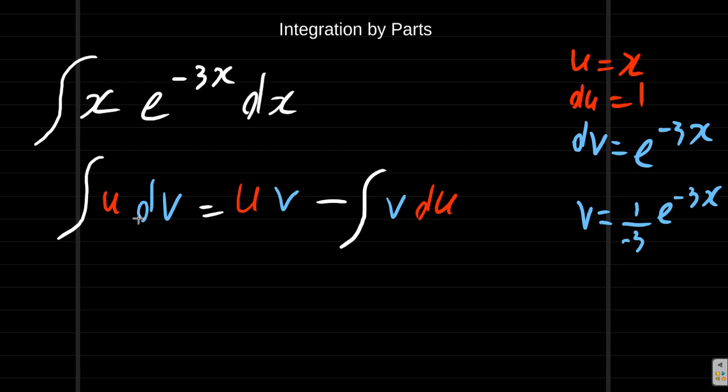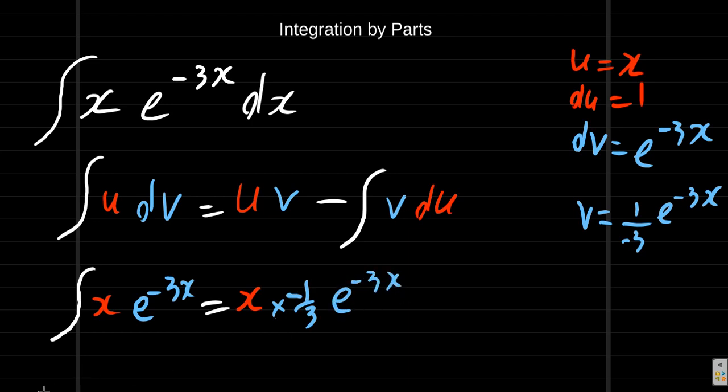The integral of u, which is x, dv, which is e to the negative 3x, equals u, which is x, times v, which is negative 1/3 e to the negative 3x, minus the integral of v, which is negative 1/3 e to the negative 3x, times du, and du is 1. Alright?